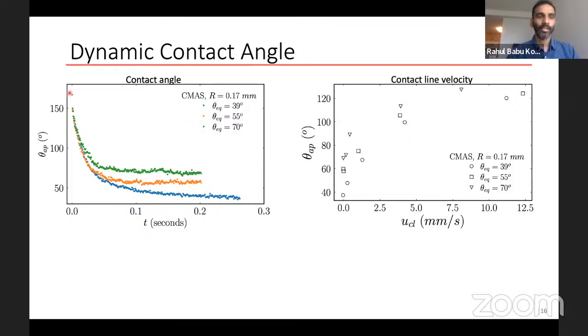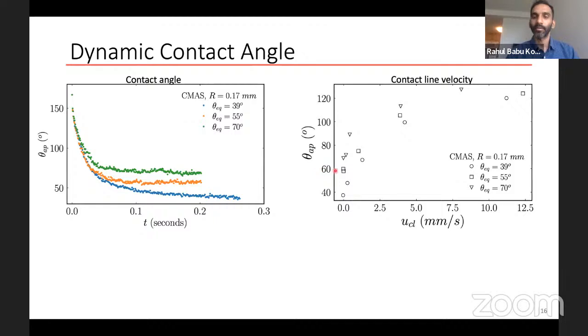We can see that initially the separation is very low, and once the partial wettability effects kick in, that's when we see the separation between these curves. Similarly, we have computed the contact line velocity at the triple point.